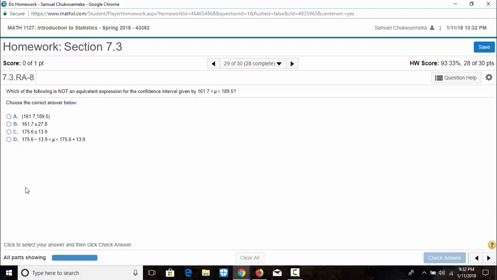29. Which of the following is not an equivalent expression for the confidence interval given by 161.7 is less than the population mean is less than 189.5? The forms of this: A is correct.